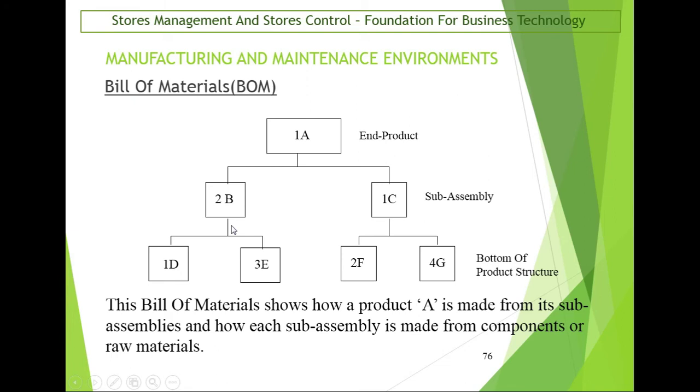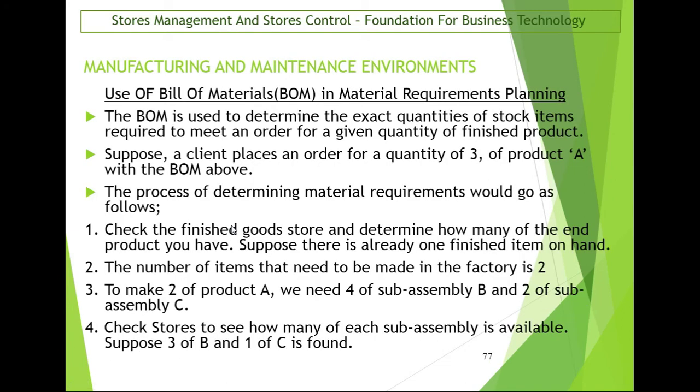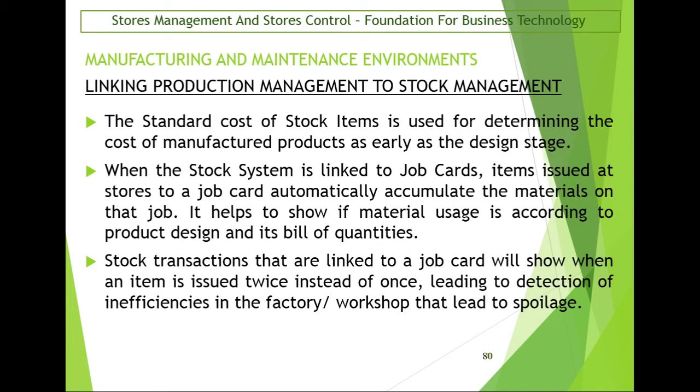So the table that I'm going to show you later on will demonstrate how to translate this bill of quantities into an Excel spreadsheet that can calculate the total requirements if you just plug in the number of finished products that you want.